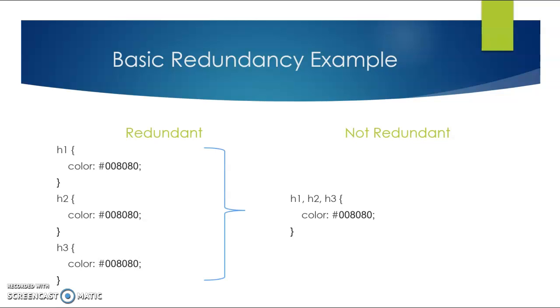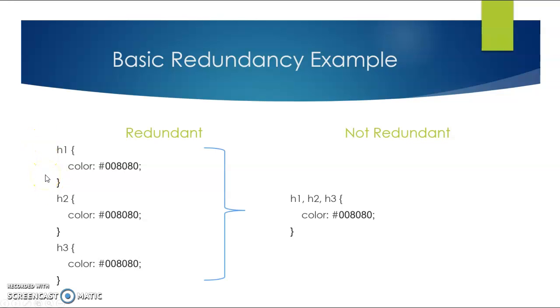Basic redundancy example. In this example, H1, H2, and H3 have the same color, but they're listed on their own. So those are each a rule that the computer has to read to style your document.